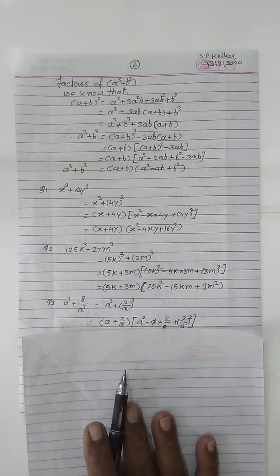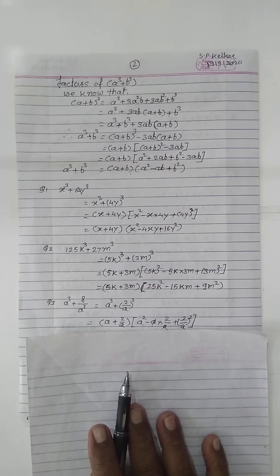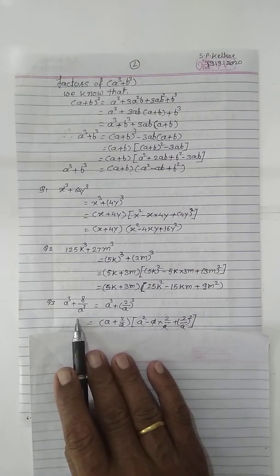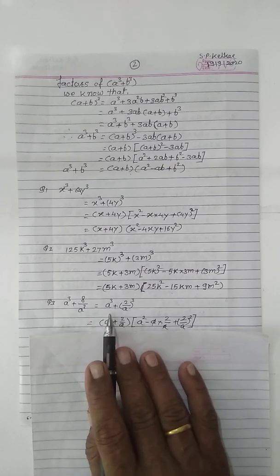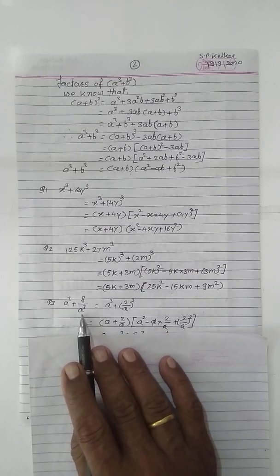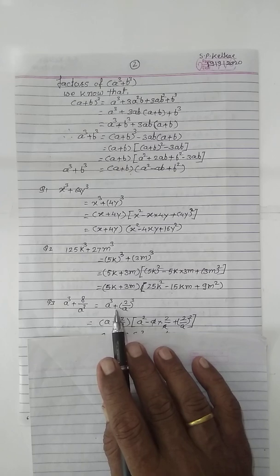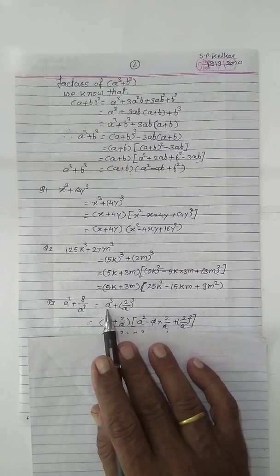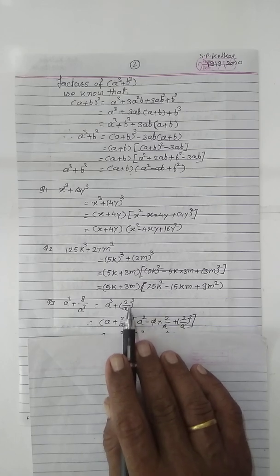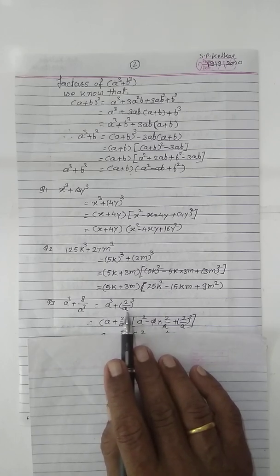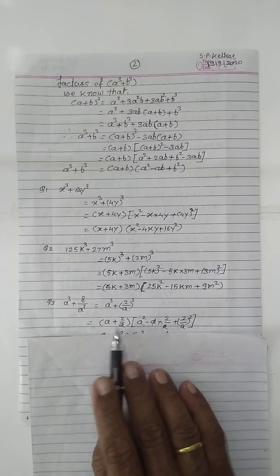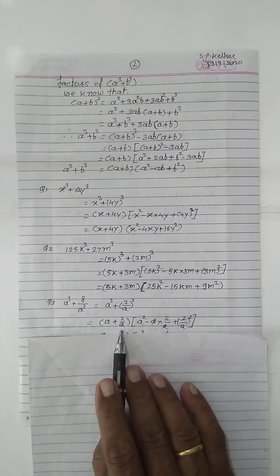Now take another example, a cube plus 8 upon a cube. Now a cube as it is, and 8 upon a cube is written as (2 upon a) whole cube, so the first term is a and the second term is 2 by a. Write in the first bracket first term plus second term, that is a plus 2 by a.